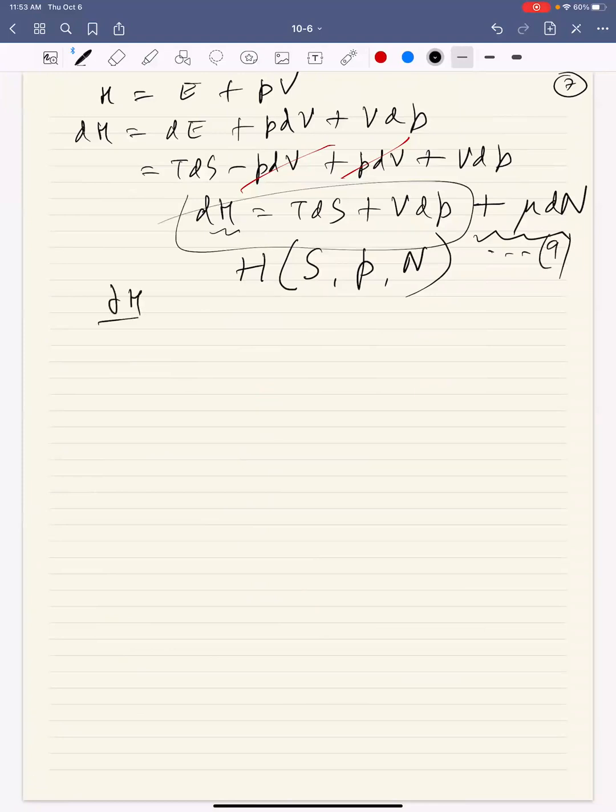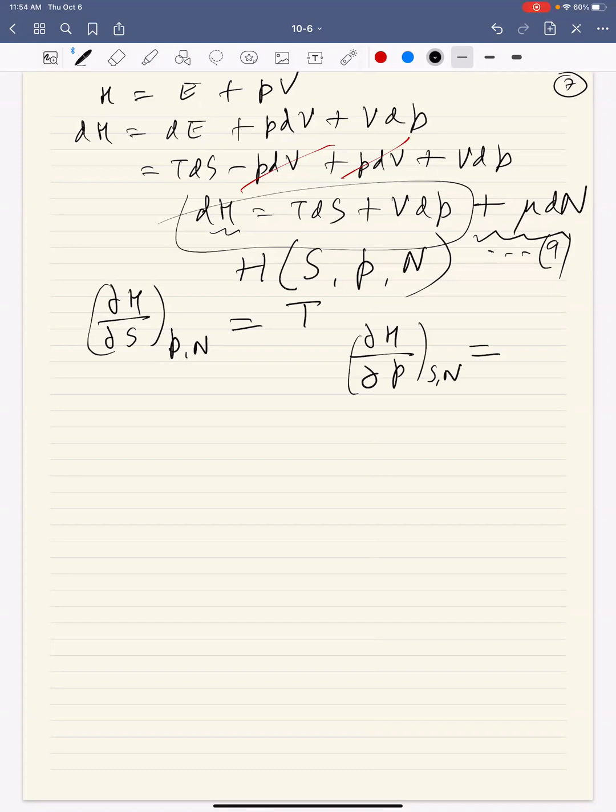Partial H by partial S at constant pressure, and if I had to be very careful, constant pressure and number, is equal to T. Partial H by partial P at constant S and N is equal to V.